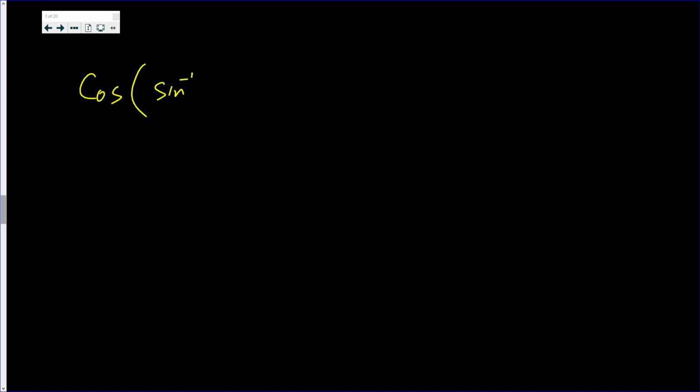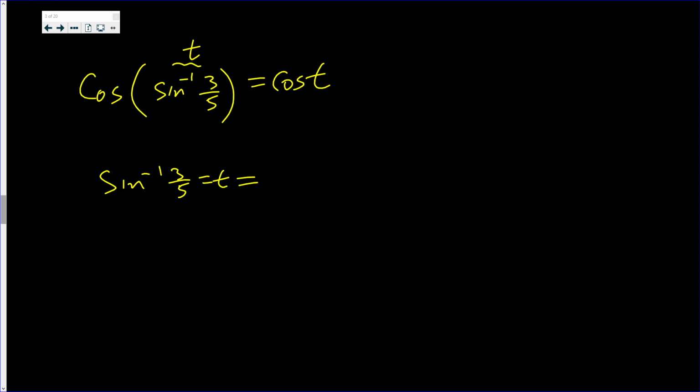Now, the next one says that they want us to simplify the cosine of the sine inverse of 3/5. So we'll call that t, and we want the cosine of t. Okay, so the sine inverse of 3/5 equals t. That means that the sine of t is 3/5, and since this is positive, t is in quadrant 1.